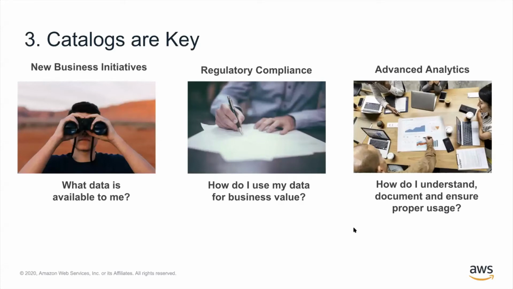Now, a key component of any data governance strategy are data catalogs, not only from a security and compliance point of view, but also when it comes to new business initiatives. Organizations need to know what data is available to them.